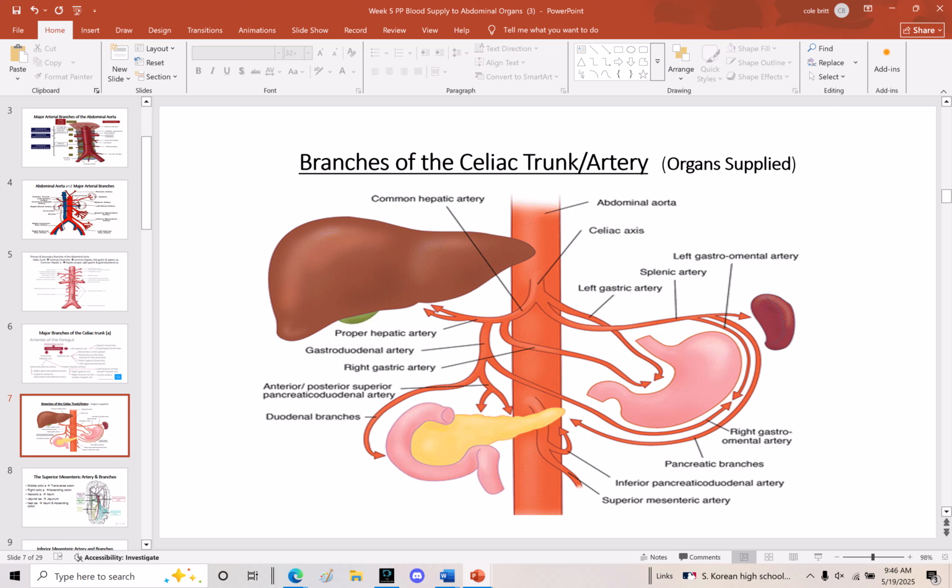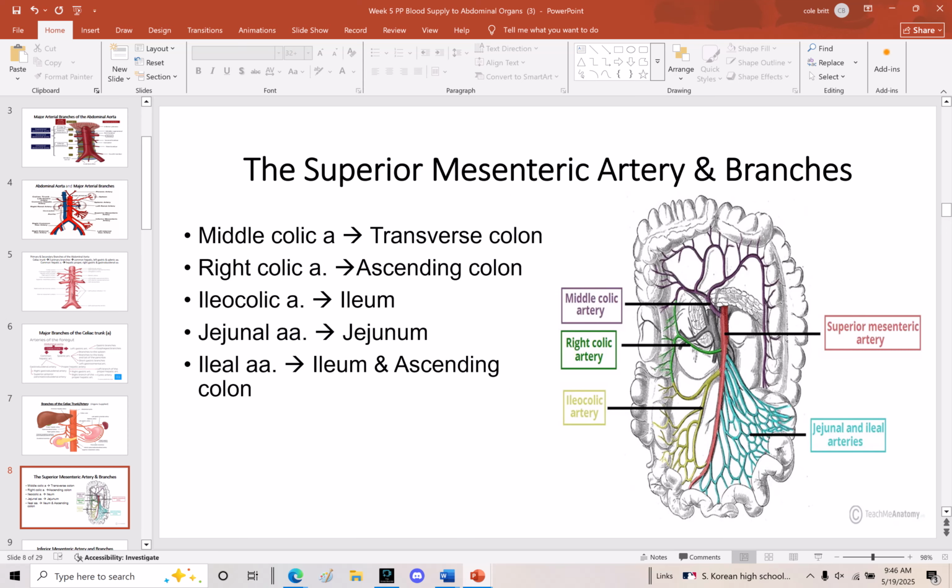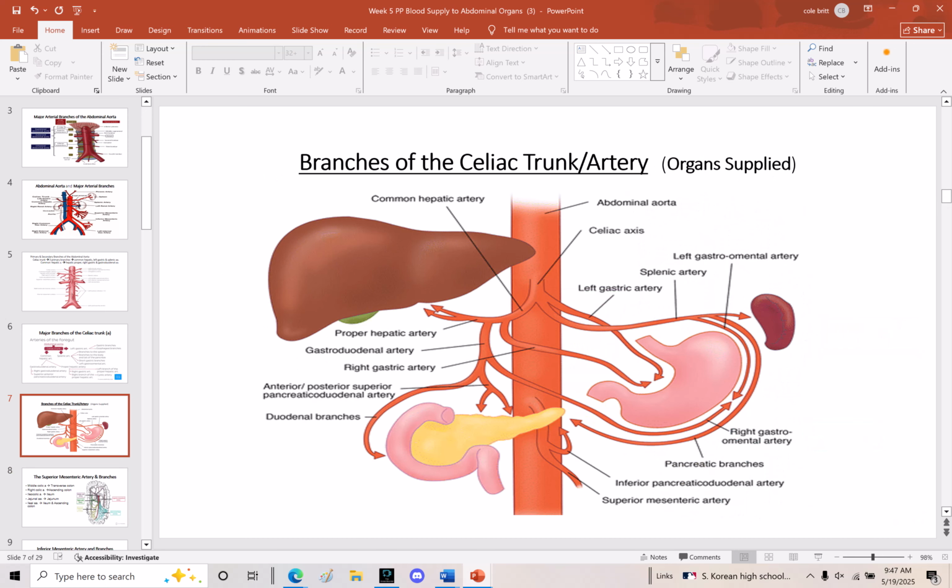Supplies the first and second portions of the duodenum. And so here we have, continuing on down, showing that down here. And here we have our superior mesenteric. We'll talk about superior mesenteric in just a second. That's not the greatest picture. I can get a better picture of it in a second. But I wanted to put this bigger picture in here.